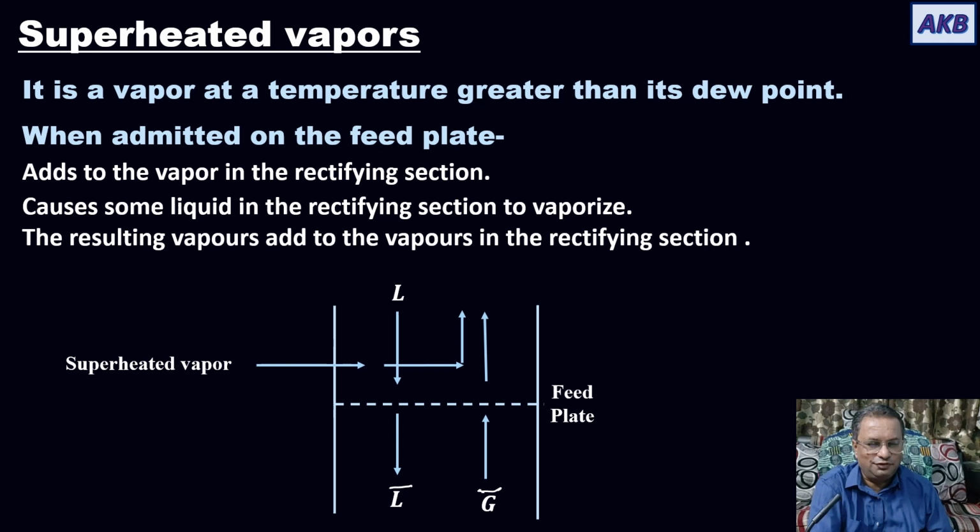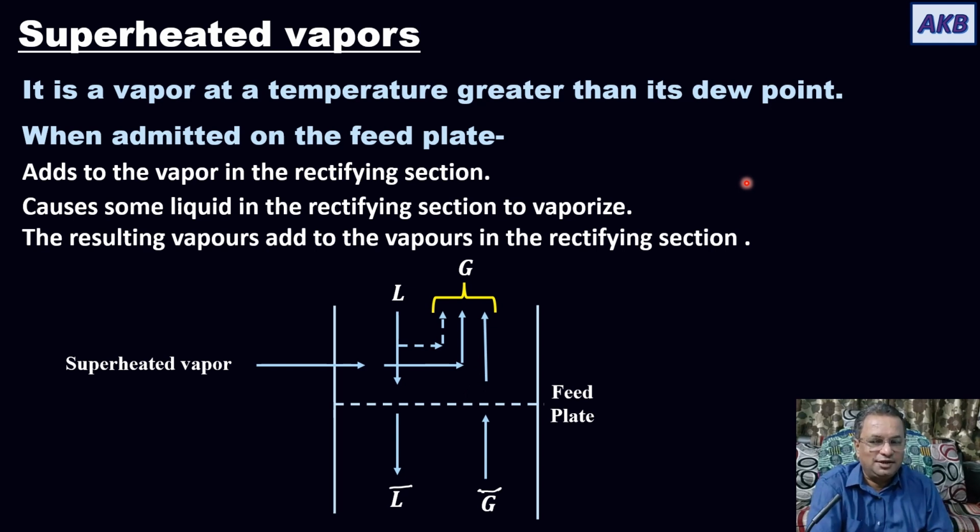Okay. Now, due to the heat of the superheated vapor, what is going to happen? Some portion of the liquid in the stripping section will be getting vaporized, and it will be getting added to the vapor in the rectifying section. That's why the vapor in the rectifying section will be a combination of these three components, and this is G. Okay. Now you can easily tell what will be the relation between L and L bar, and then G and G bar.